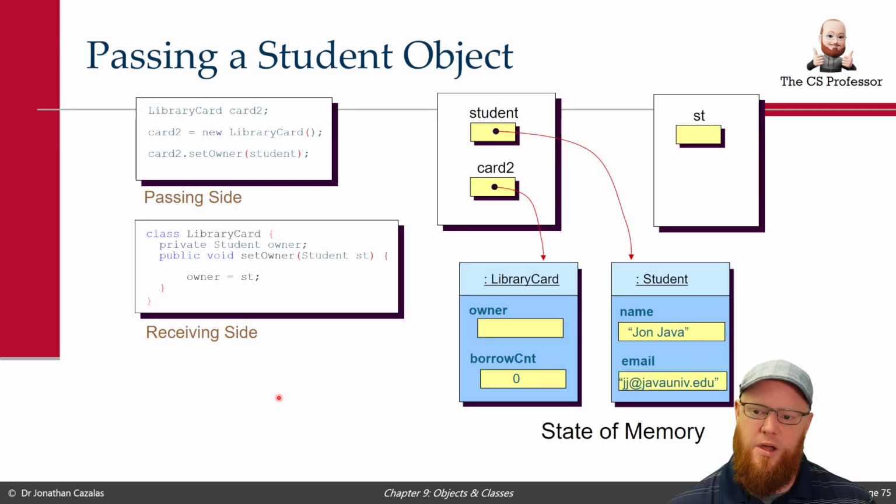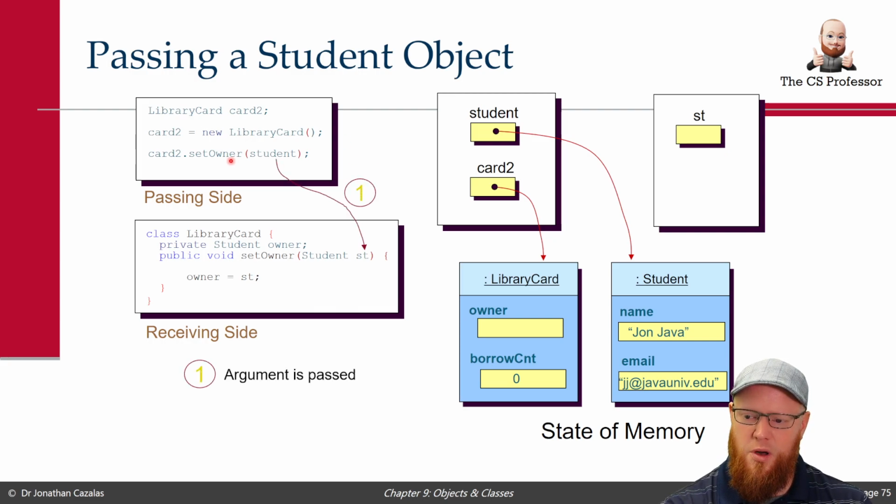Here's just another visual of that exact same thing. Another example here, and really this example is showing the same thing. We have here that library card, card2. I've made a new library card, and I want to now set the owner. Here's the class library card. We have a student owner, and here we have set owner, that set owner mutator method that's receiving this reference that we're saving as a formal parameter st, and this is just going to be another visual depiction of what's going on.